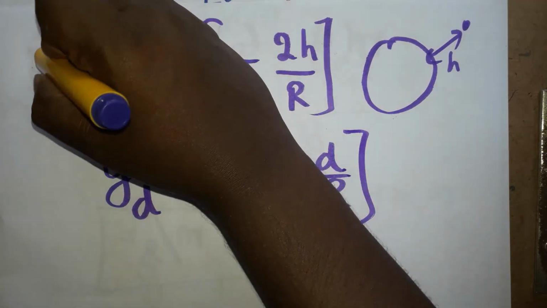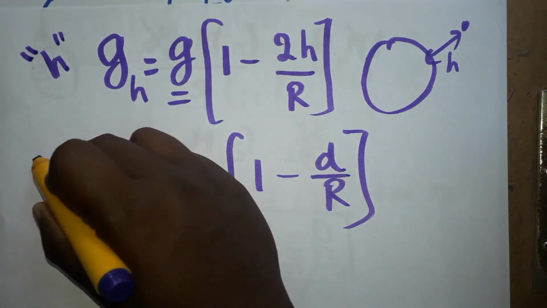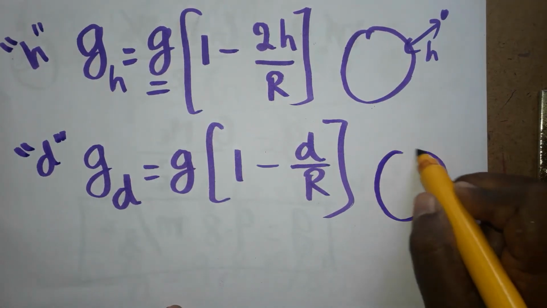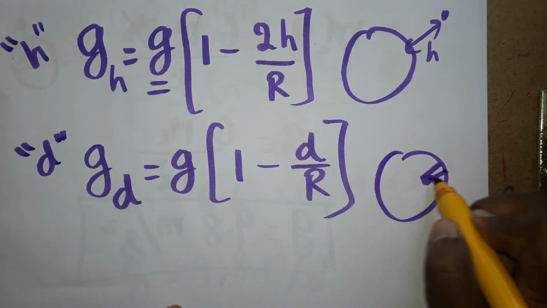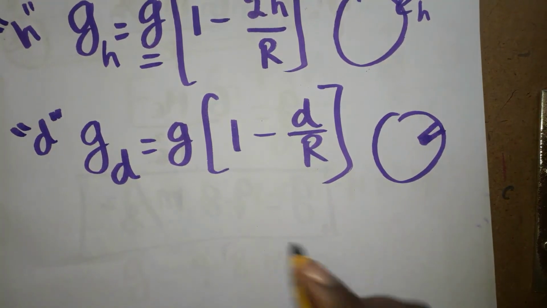This is gravitation changing due to height and gravitation changing due to depth. Here d is the depth under the earth at which you need the gravity.